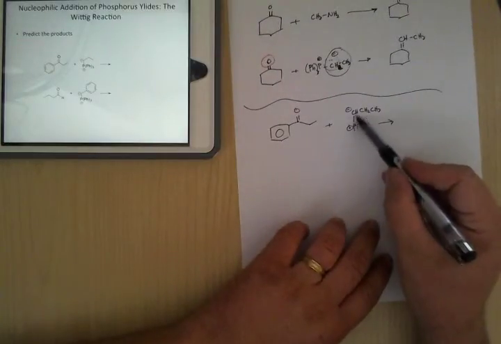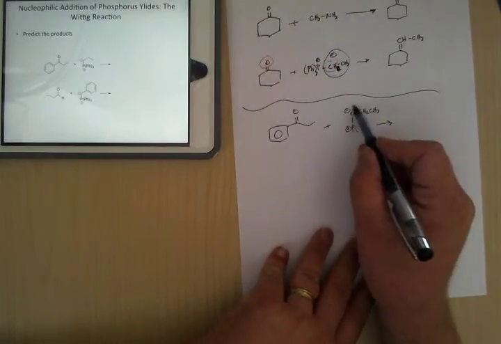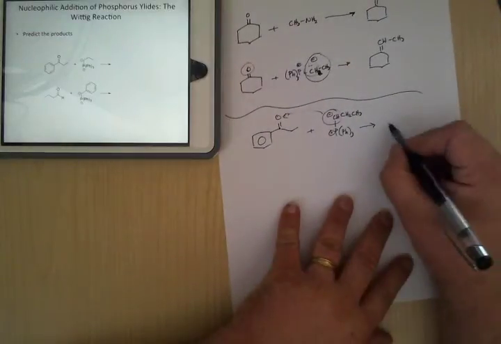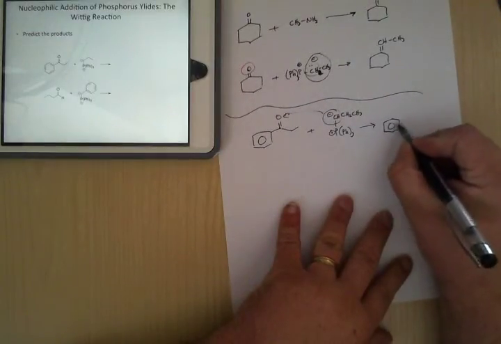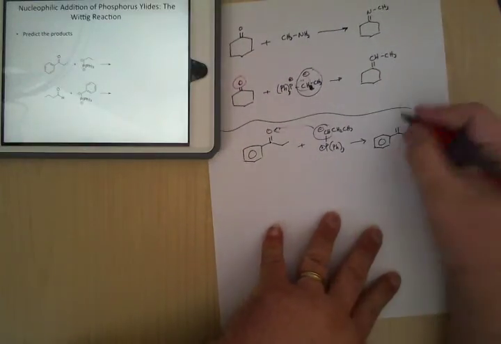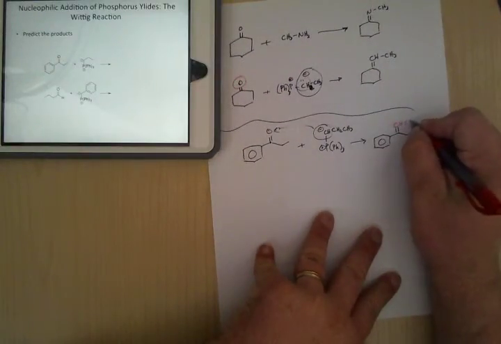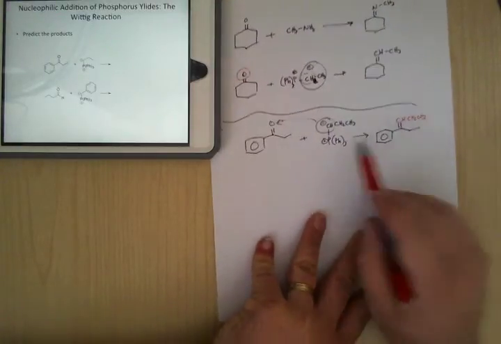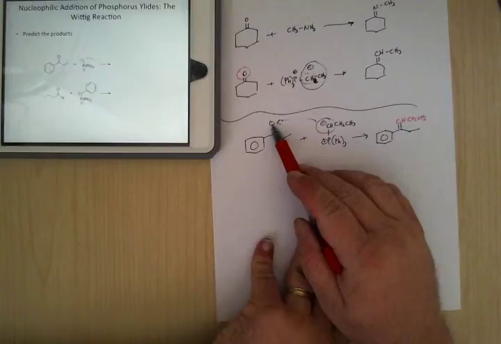Where this phosphine is attached, that guy there is going to displace that oxygen. So you're going to end up with CH2, CH3. You're going to get direct displacement of that.